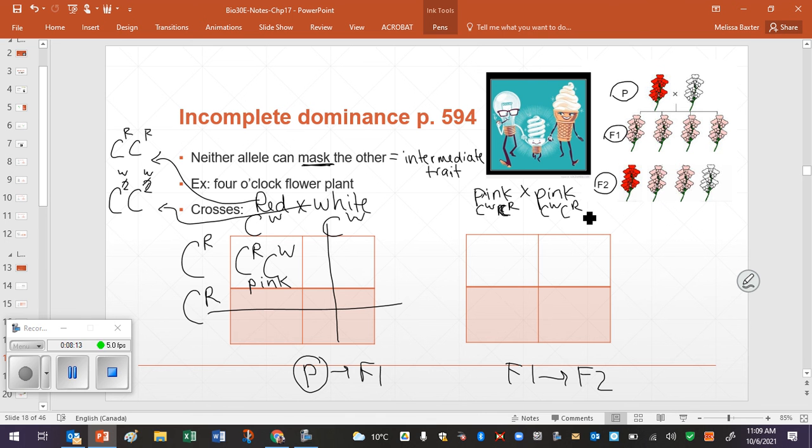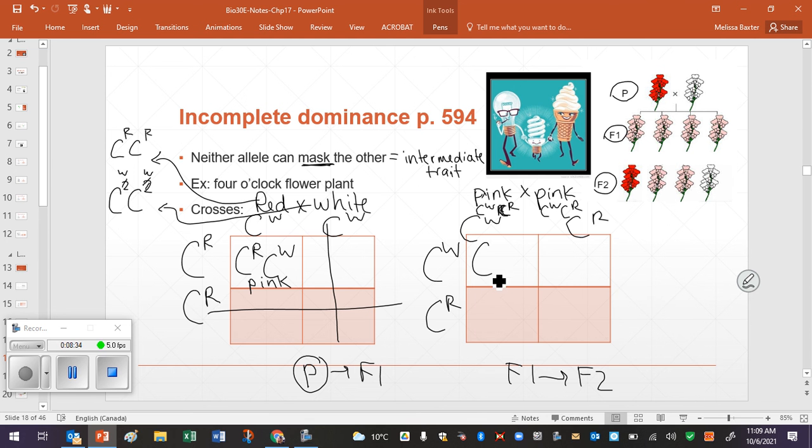What does matter though is how I fill out my Punnett square. Since my parents in this particular cross are both heterozygous, they can each make two different gamete possibilities. They could make a gamete with the white allele, or they could make a gamete with the red allele.